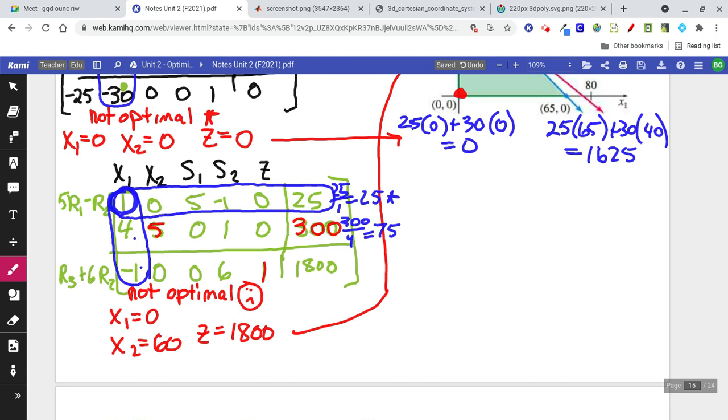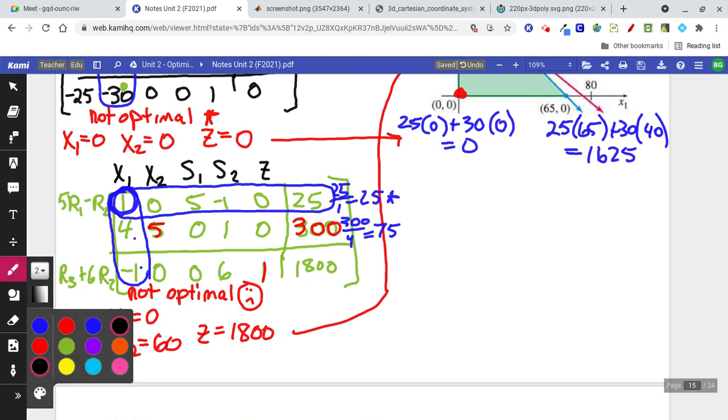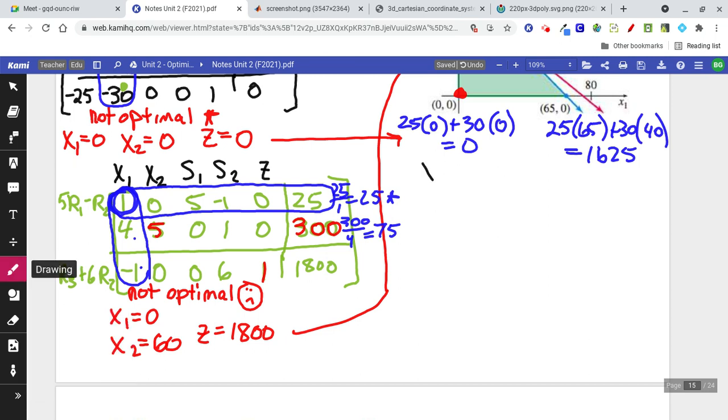All right, so we need a new table. That's not enough room. Kind of running short on room here. The pivot row can stay the same.